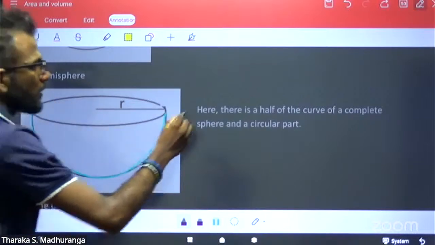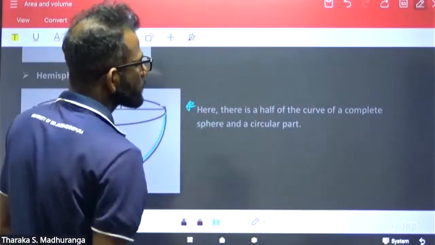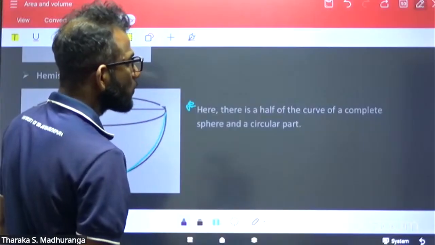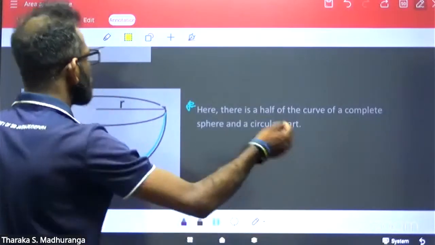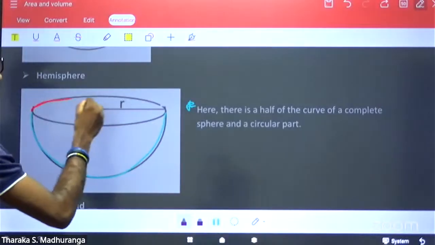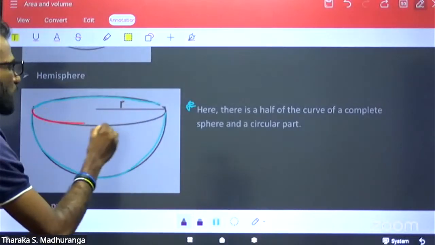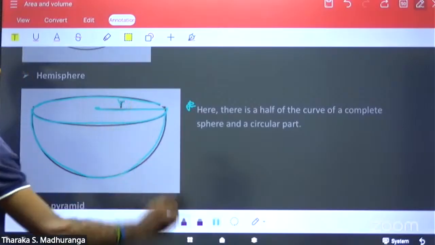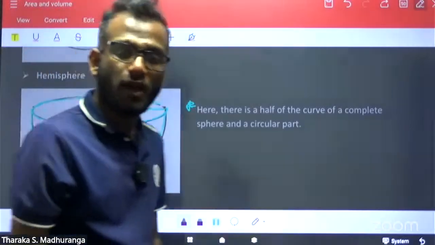Note this down with a star mark. This is the hemisphere with radius r.